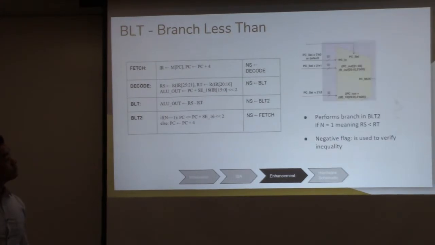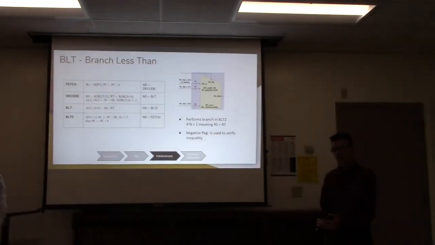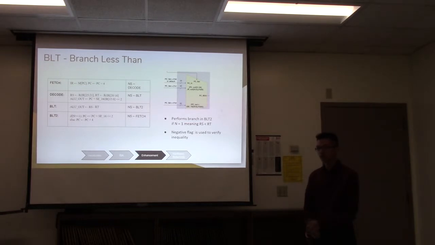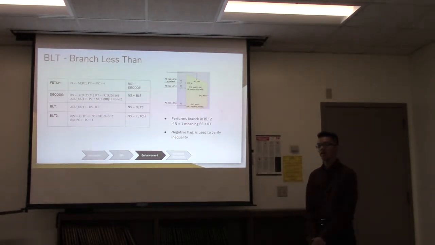Alright, so for the branch less than instruction, what we're doing here is that if RS is less than RT, it'll execute a branch. So for the first part of the instruction in the RTL, we have RS minus RT to compare both registers. And as a result, in the next part of the RTL, if the negative flag is raised, it'll execute the branch, else it'll just fall down and update the program counter.